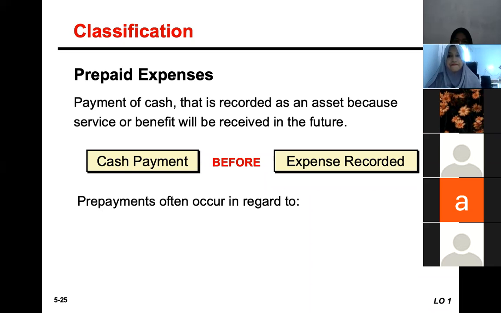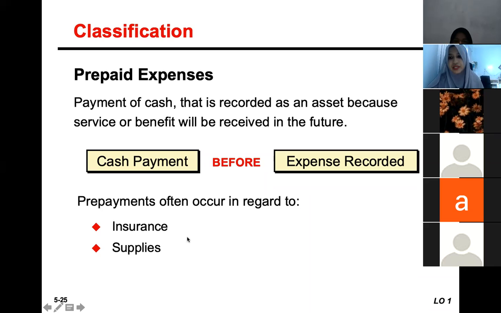We don't follow cash basis accounting. We record expense whenever we use it, not whenever we pay it. That's why if we have paid in advance, it's not included yet as an expense. Then it has to be recorded as a prepayment.